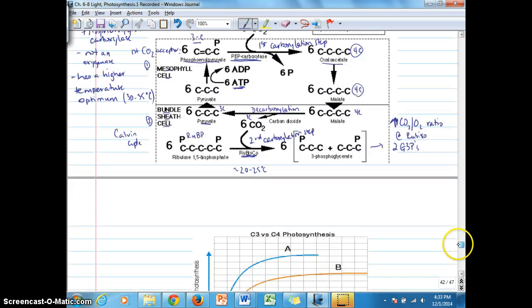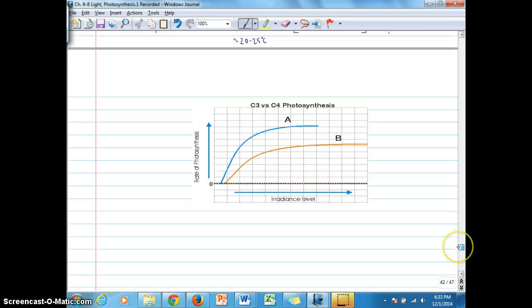All right, now if we take a look at overall photosynthesis rates, we're looking at photosynthesis light response curves here, which we've looked at before. Photosynthesis light response curves for C3 versus C4 plants.